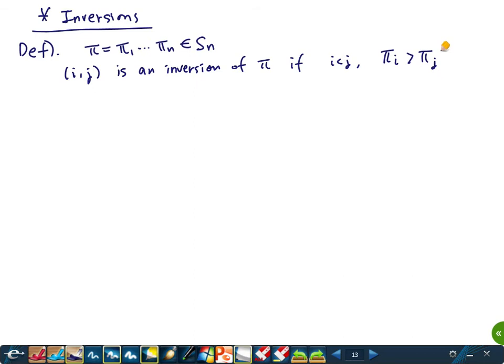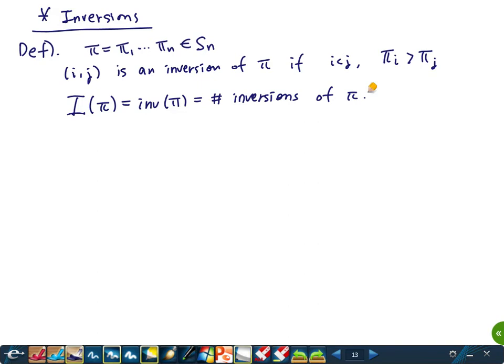They are out of order. The bigger number appears first, and that pair is going to be called an inversion. And this notation, I of pi, or I also write inv of pi, is the number of inversions of pi.